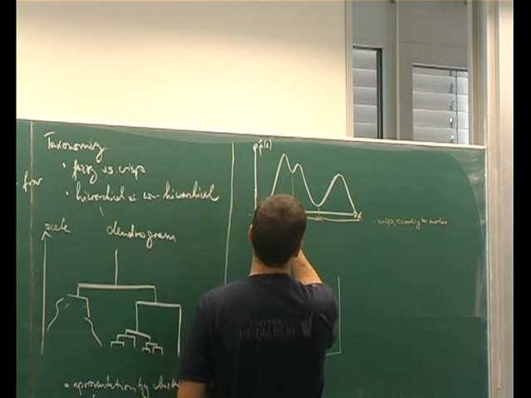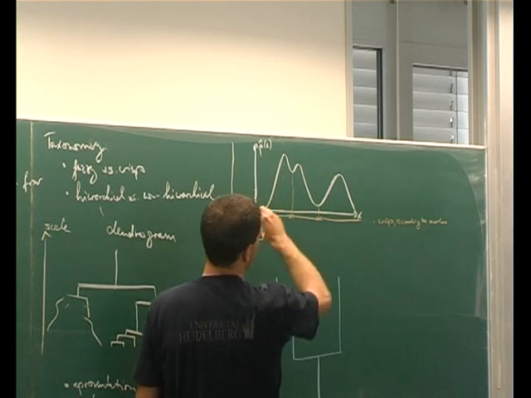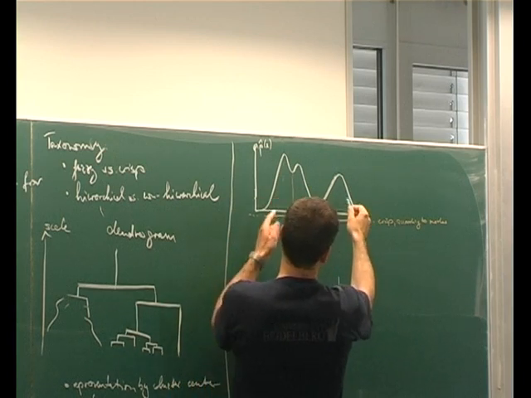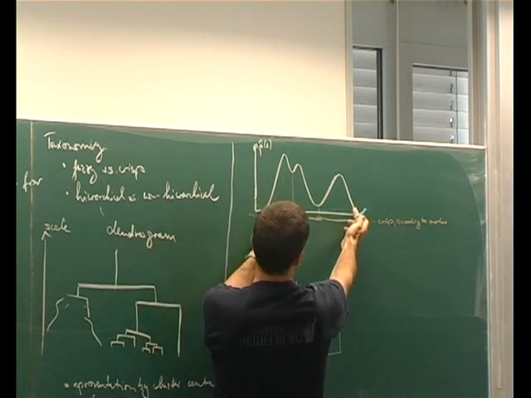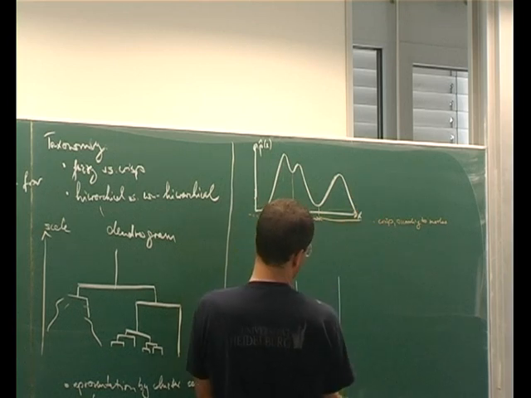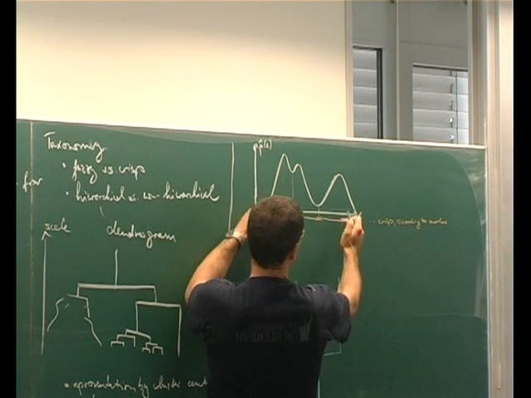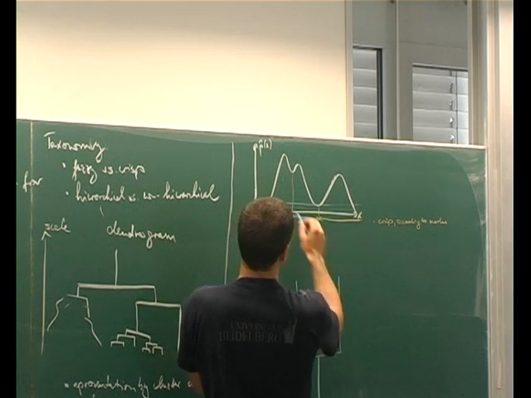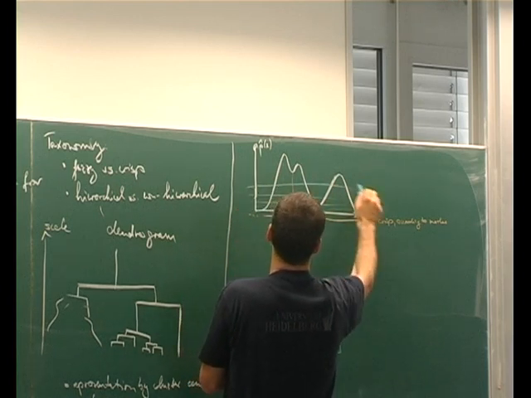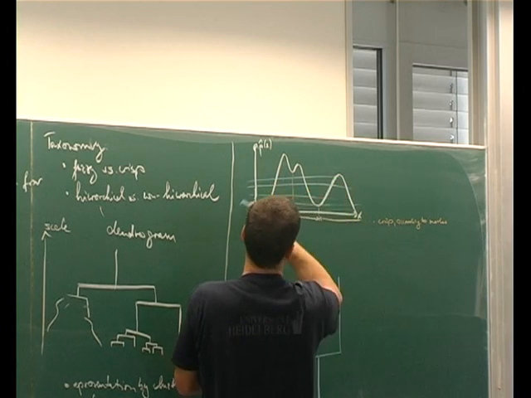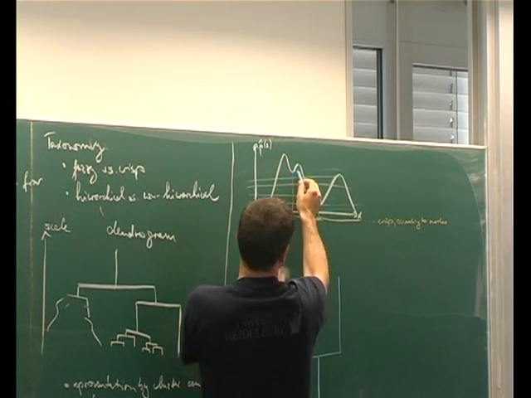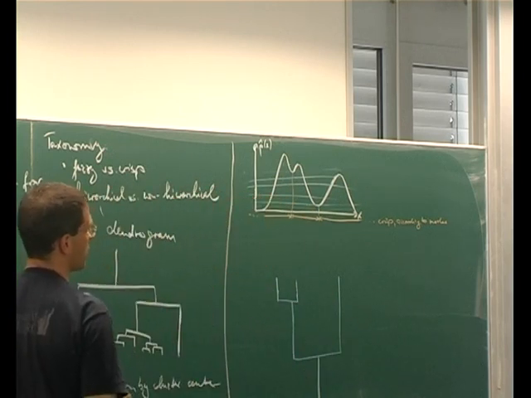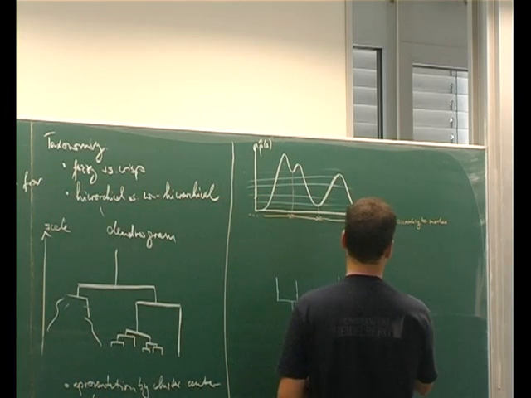One way would be to cut the density at different levels. So for instance, if I cut down here, I observe one cluster, well, plus outliers, so this would correspond to this bar here. But as I lift my threshold above this point here, I now get a splitting into two clusters. And as I further lift my threshold, I eventually come to a point where I start to see two subclusters here, and so on. So this would be one way of defining a crisp hierarchical clustering.